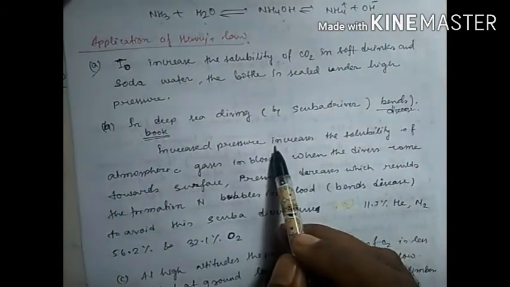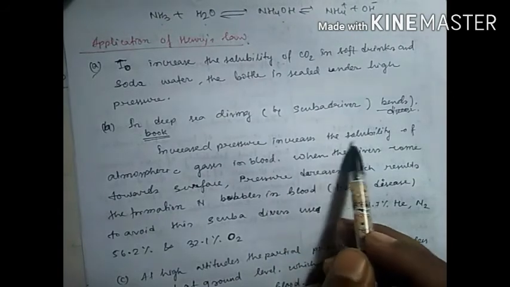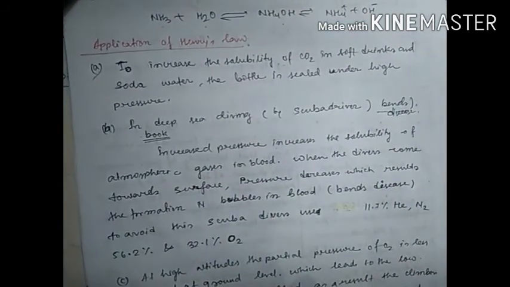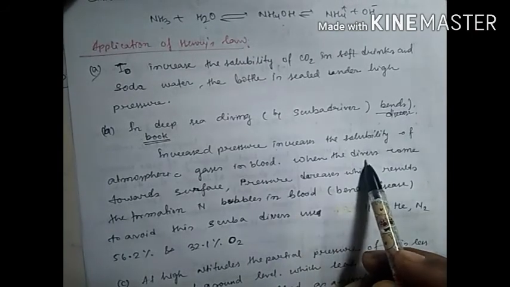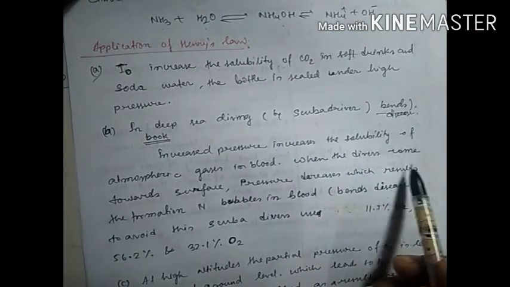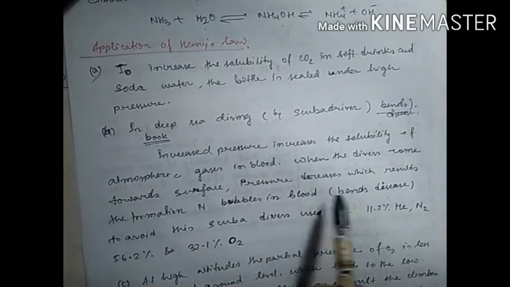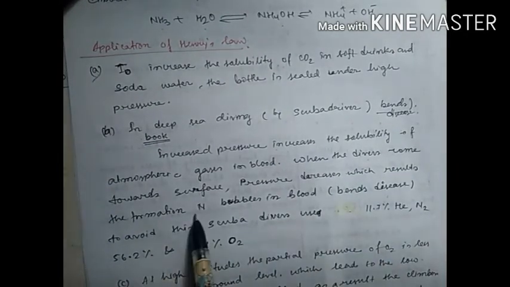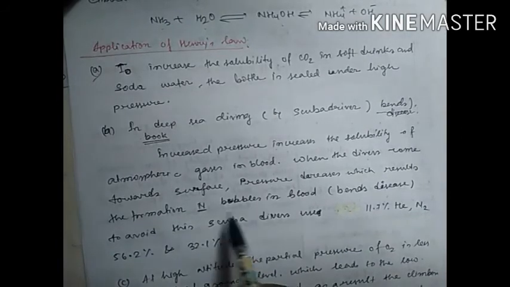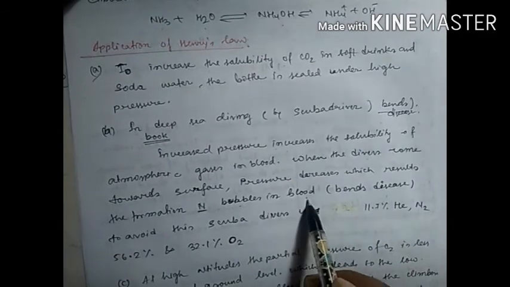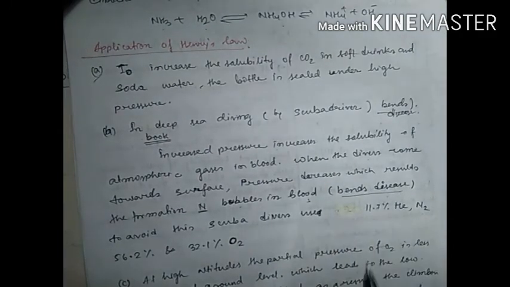Increased pressure increases the solubility of atmospheric gases in blood. When the divers come towards the surface, the pressure decreases, which results in the formation of nitrogen bubbles in blood, which is known as Bends disease.